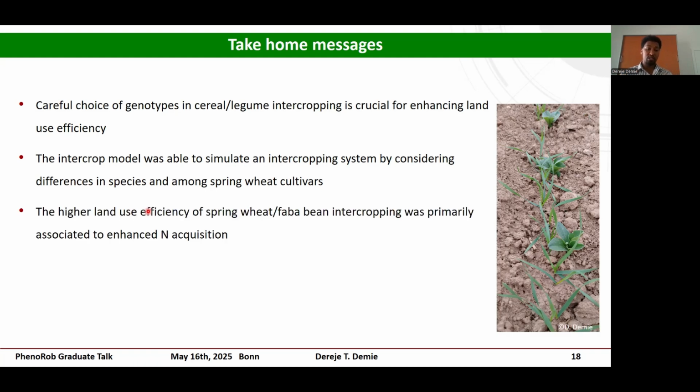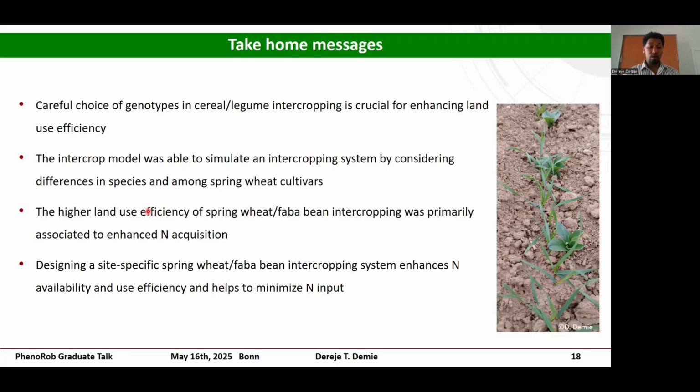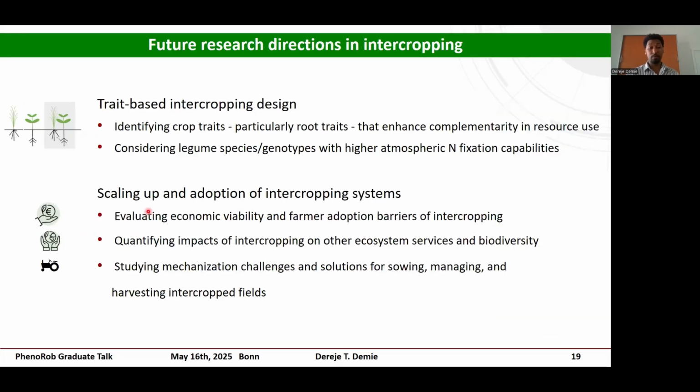The high land use efficiency of the spring wheat faba bean intercropping system was mainly driven by enhanced nitrogen acquisition. Therefore, designing a site-specific spring wheat faba bean intercropping system enhances nitrogen availability and use efficiency. This helps to minimize nitrogen inputs.